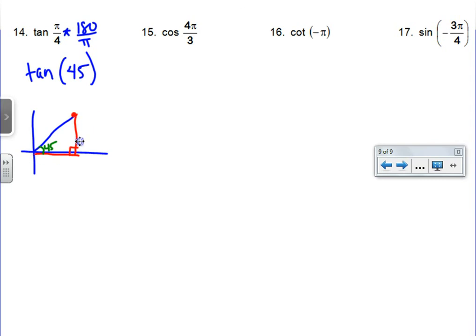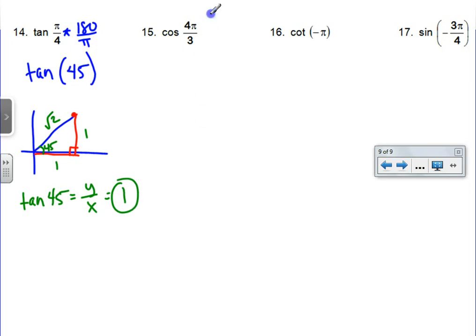What would you like to call the legs? I'm going to call them 1. That sounds good. What would you call the hypotenuse if the legs are 1? Square root of 2. So now we're ready to set up tangent. Tangent of 45, remember, would be y over x, or if you wanted to say opposite over adjacent, that's fine. Either way, it's 1 over 1, so the answer is 1.